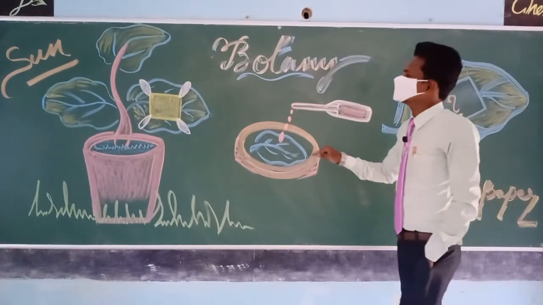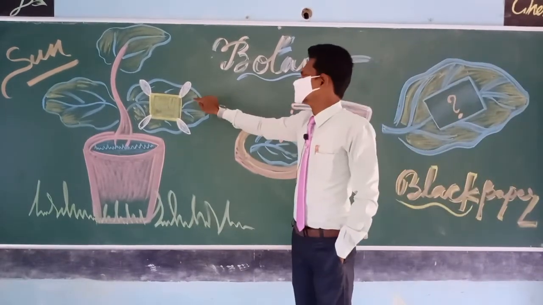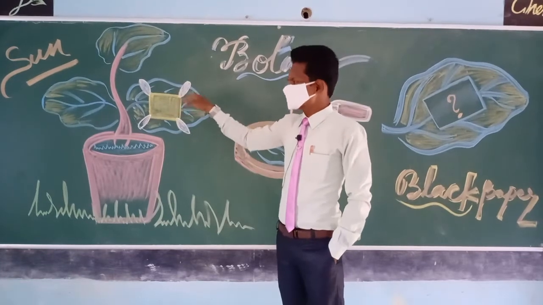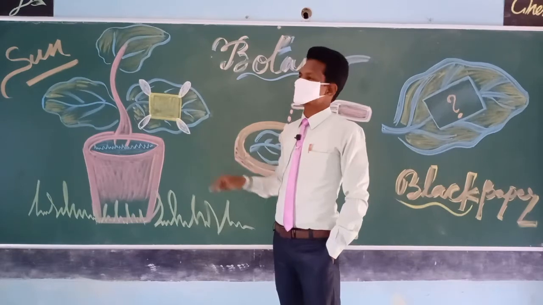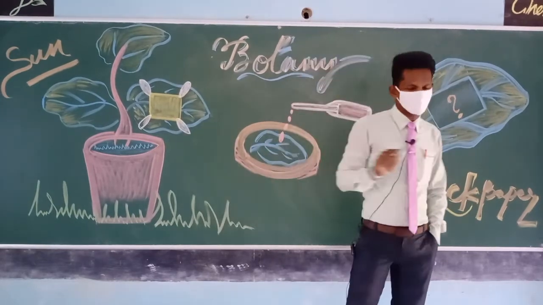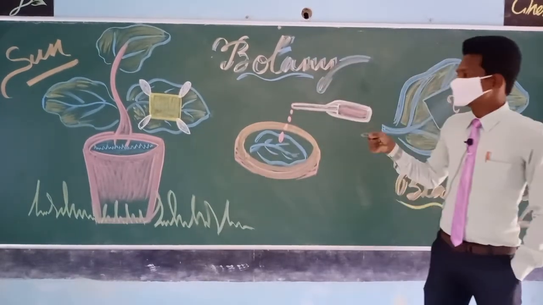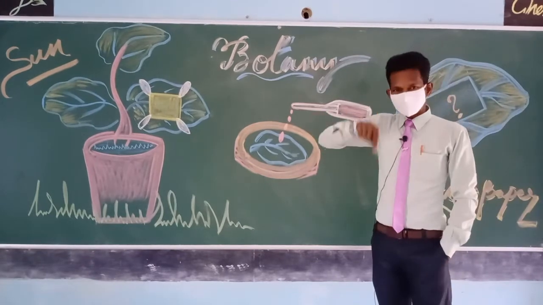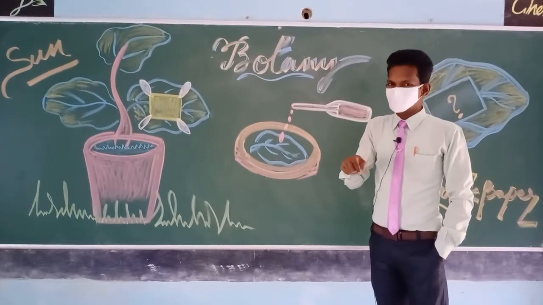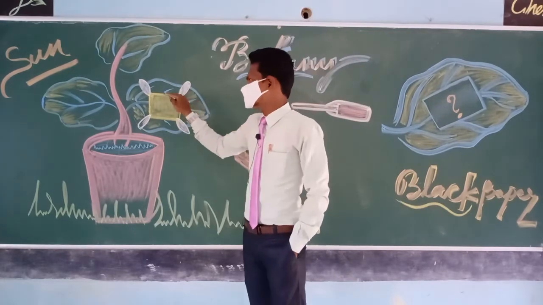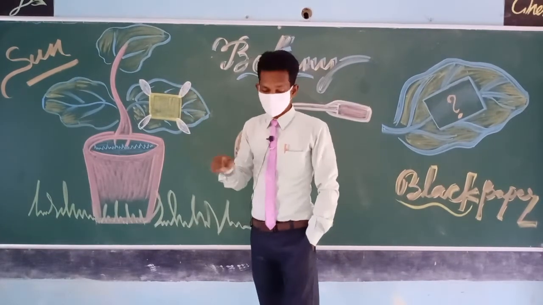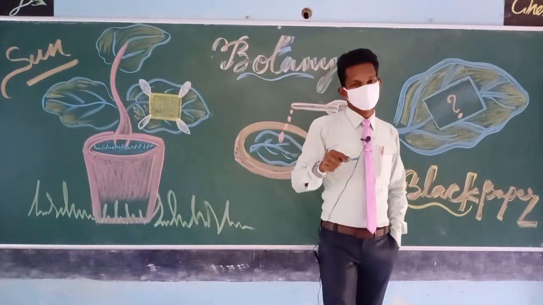Then automatically the starch present inside the leaves will be utilized by the plant, so that is called de-starching. De-starching means we are not removing the starch from the leaves, we are making the plant utilize the starch present inside the leaves, and we are making the plant free of starch. That is known as de-starching of the plant.